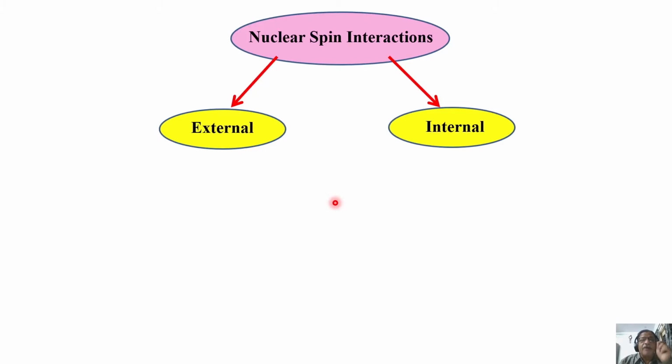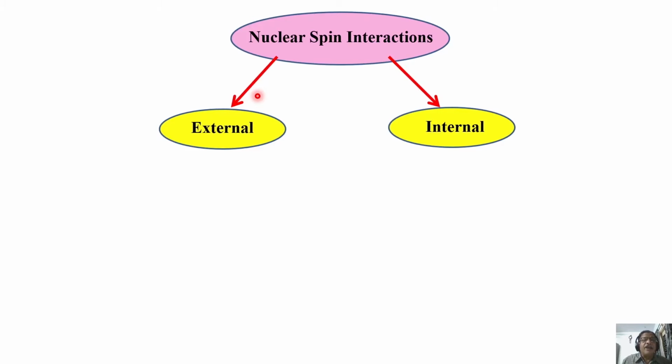You please remember my basic equation I wrote. E is equal to minus mu dot B naught I wrote, where magnetic moment was interacting with the magnetic field. This is an external magnetic field.